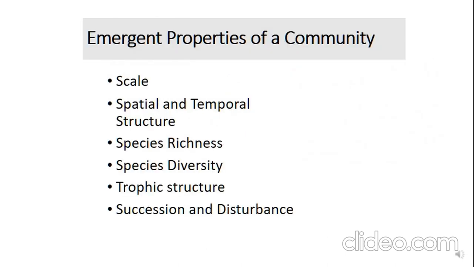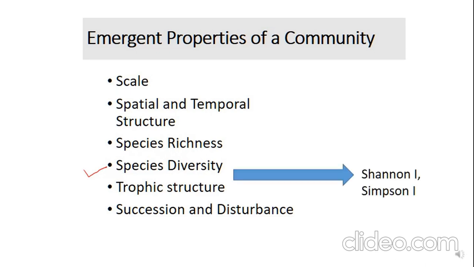Now we will see how to calculate species diversity. For species diversity, we have the Shannon index, and often the Shannon index is represented in the form of the Simpson index.